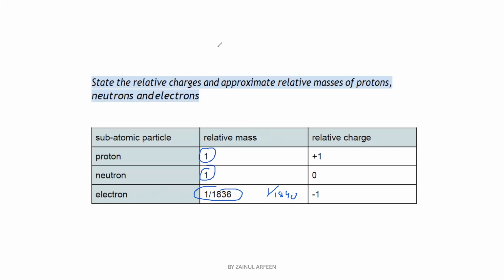When proton and neutron come out as 1 and 1, it means proton and neutron have the same mass, and electron is lighter because it is 1 divided by 1836 compared to proton and neutron.